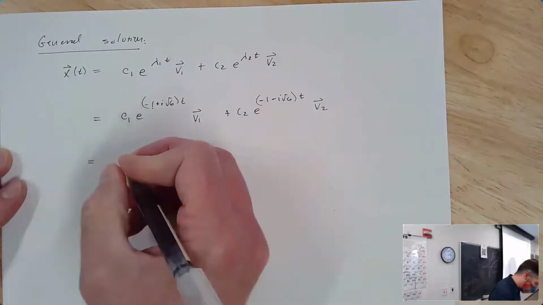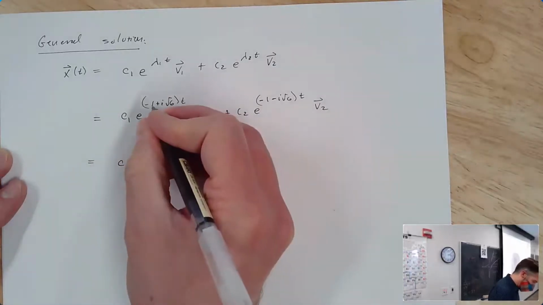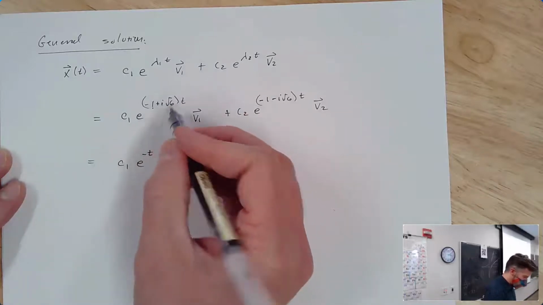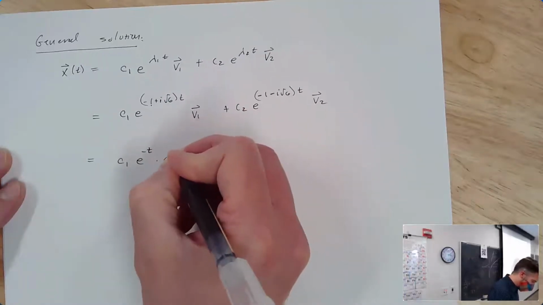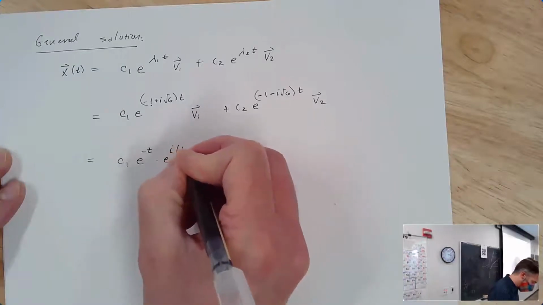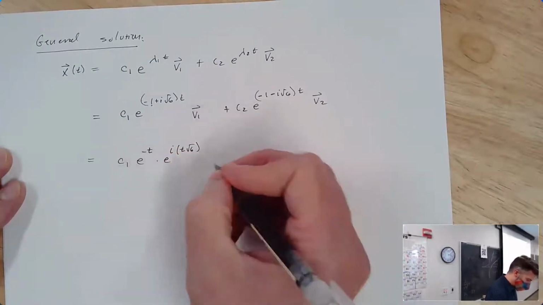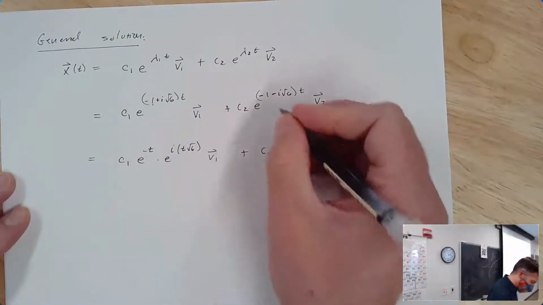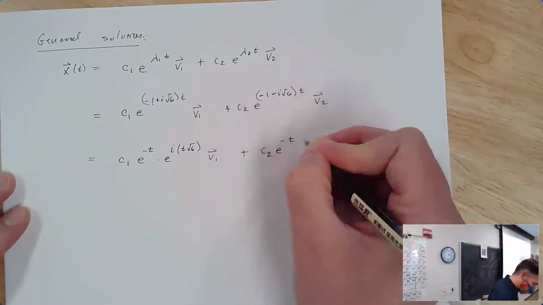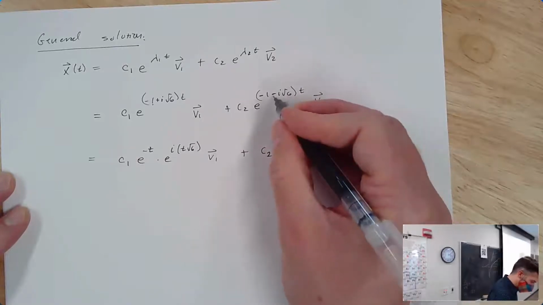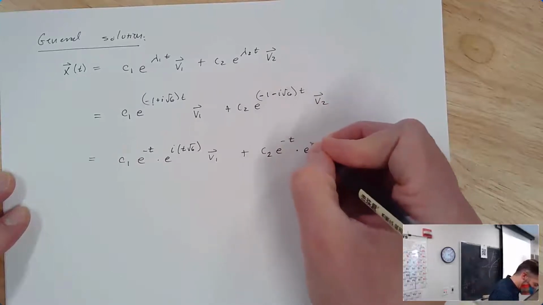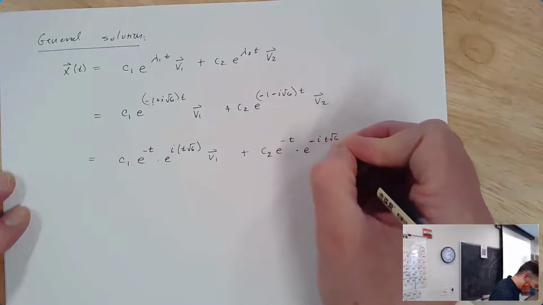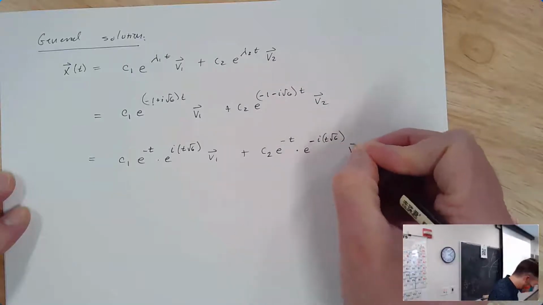So this is looking like c1 e to the -1 times t, and then t times i times root 6, which I'm going to write as e to the i times t root 6, times v1, plus c2 e to the -1 times t, and then -i root 6 times t, times v2.